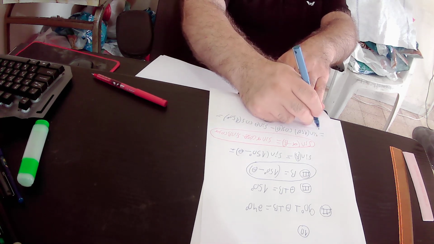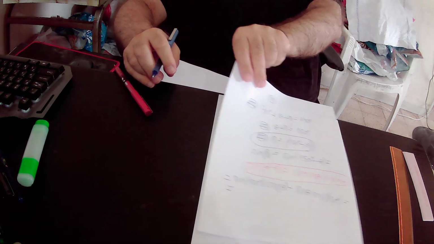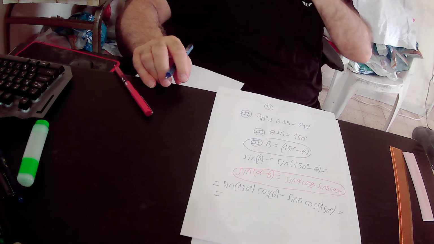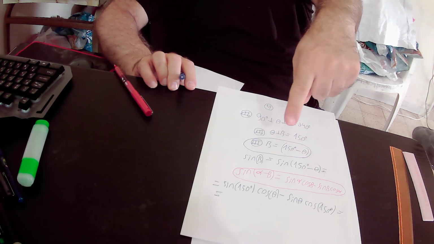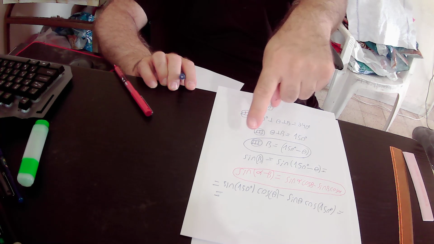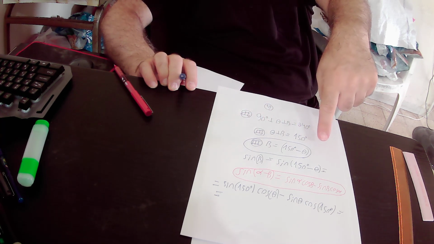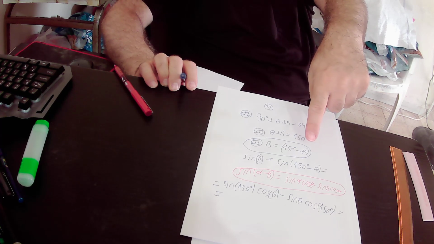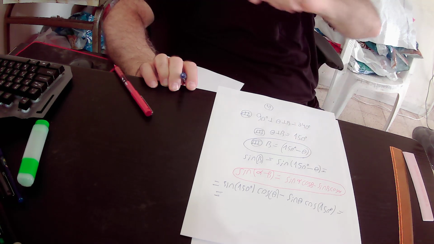Okay, we used this trigonometric identity in order to calculate the value of sine of 150 degrees minus theta when alpha equals 150 degrees and beta equals theta.